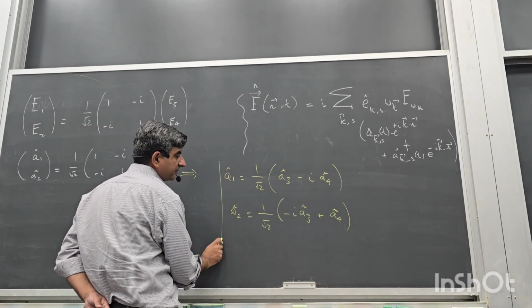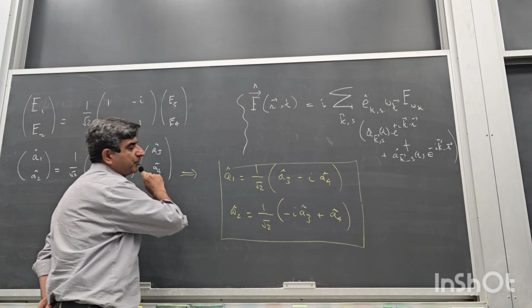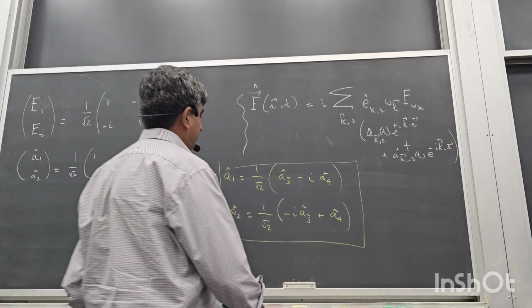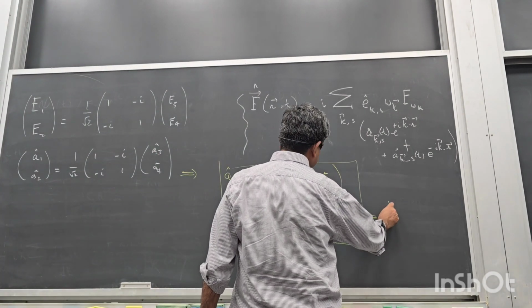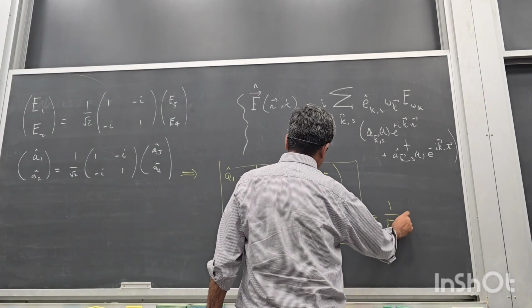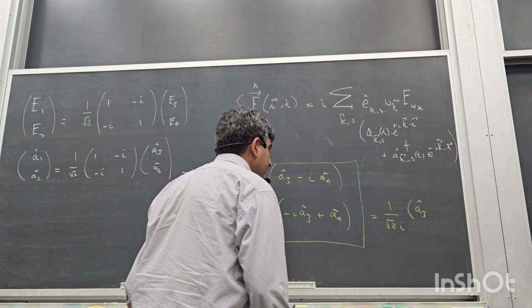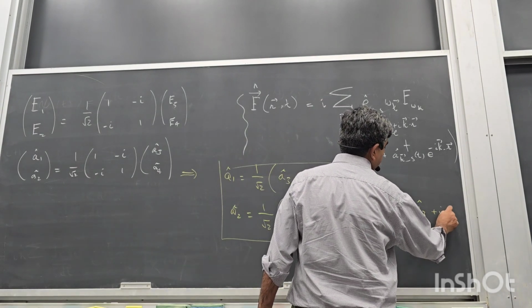Okay, so we have these expressions in front of us, and I put them in the box because I'm going to use them later. So I can also write this as 1 over root 2, iota a3 plus iota a4.